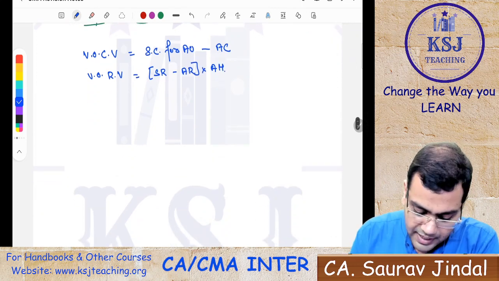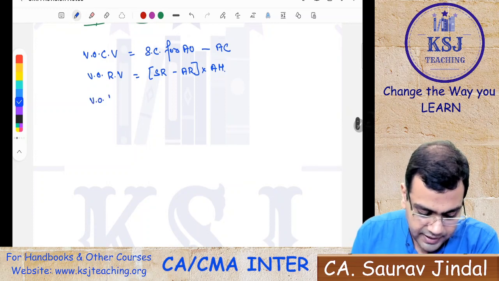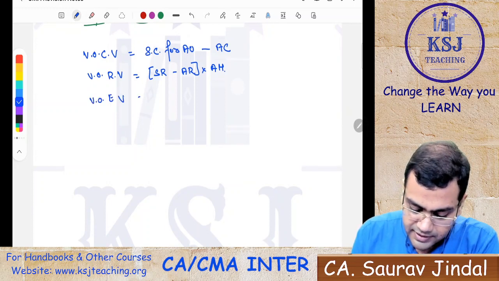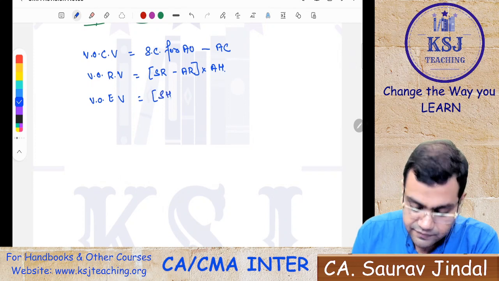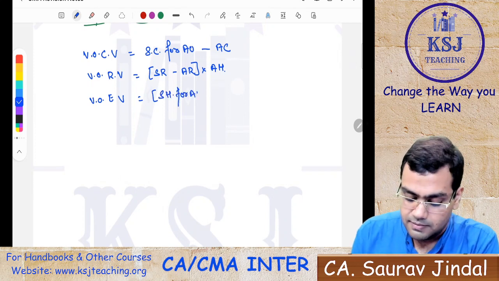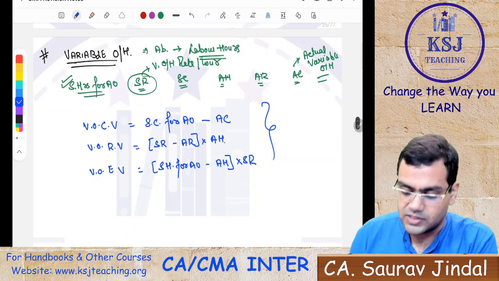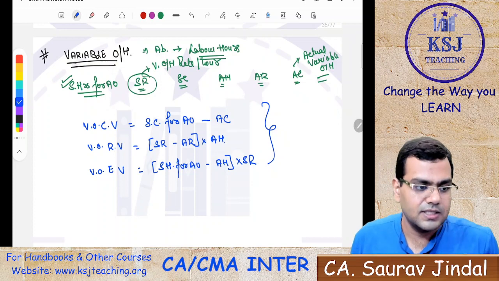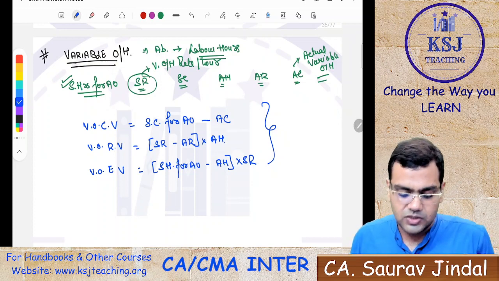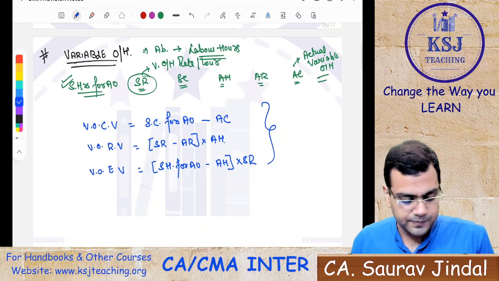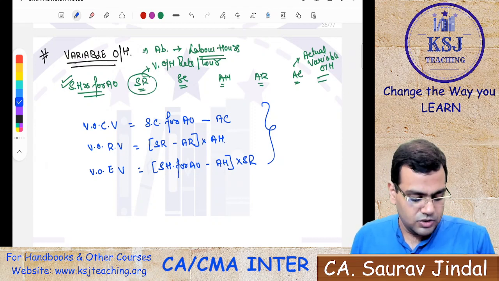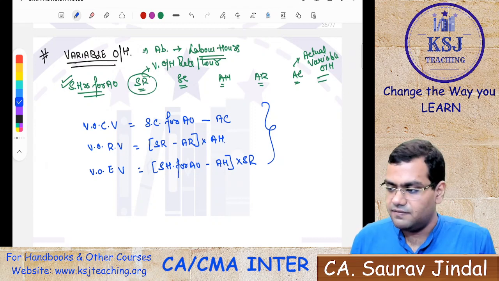And then we have variable overhead efficiency variance, that is standard hours for actual output minus actual hours multiplied by standard rate. Clear? The same way as we calculated for the labor variances, the only difference is that it is for the variable overheads. So the variable overhead part is very simple.